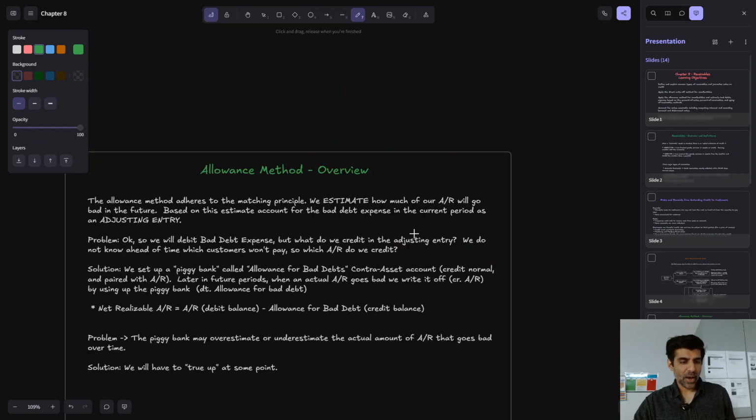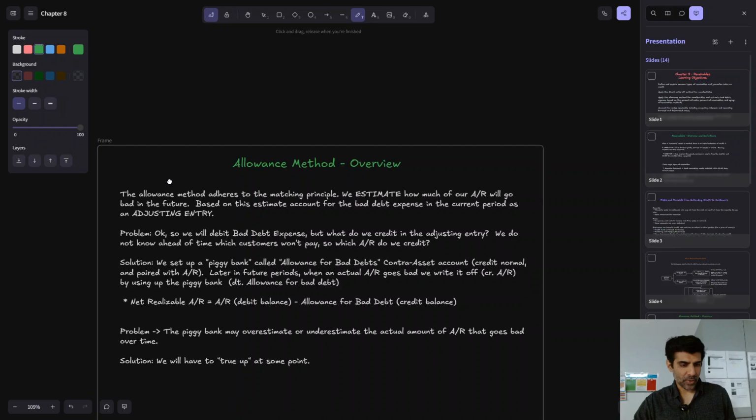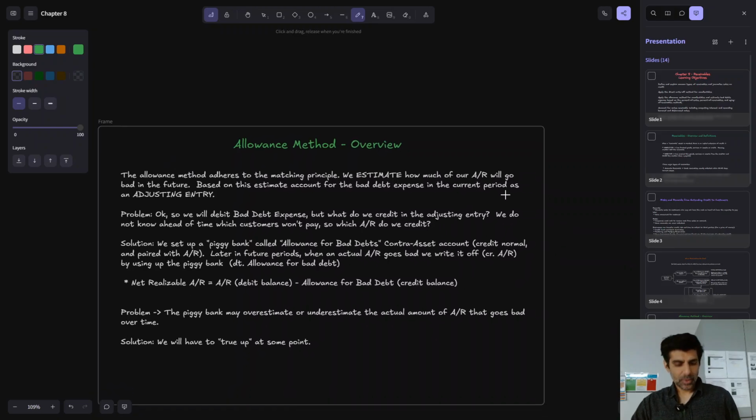So again, the allowance method, I think we've already talked about a lot of this. The allowance method is going to be adhering to the matching principle. That's the whole reason why we're doing it. We don't know ahead of time who's not going to pay us and how much. So we're going to have some generic way to deal with this.